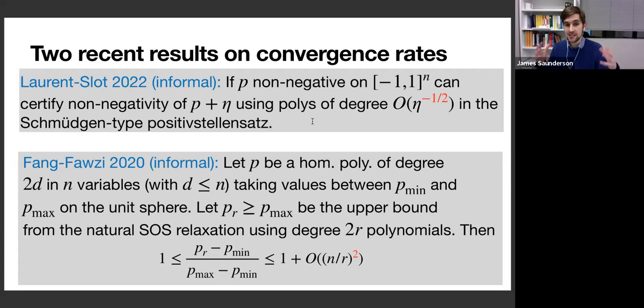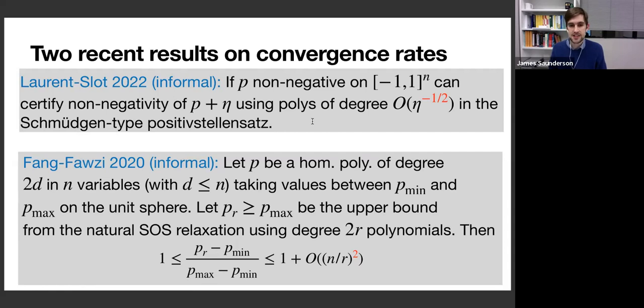of degree r, and I look at the bound on the maximum that I get, so I've got the true maximum, and then p_r is bigger than the true maximum, this result gives you a bound on the relative error. The relative error is the bound that I got on the maximum minus the minimum, divided by the true maximum minus the minimum. So this is always at least 1.